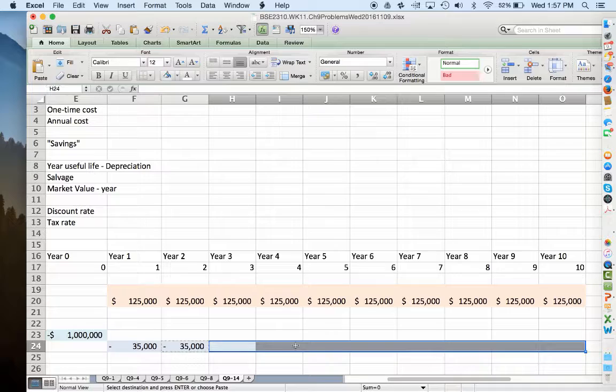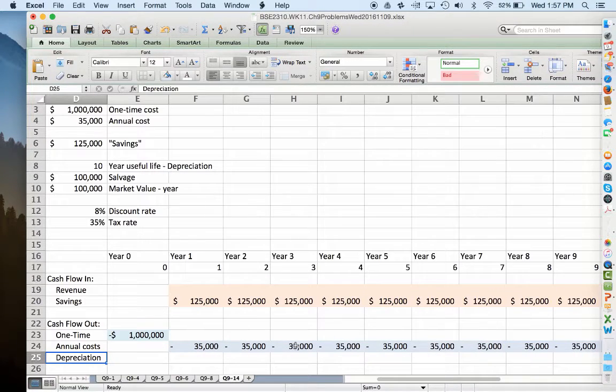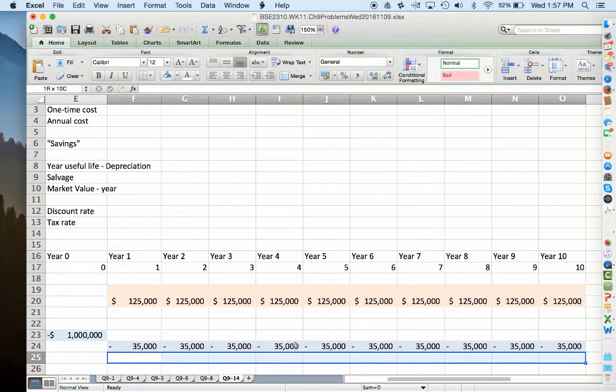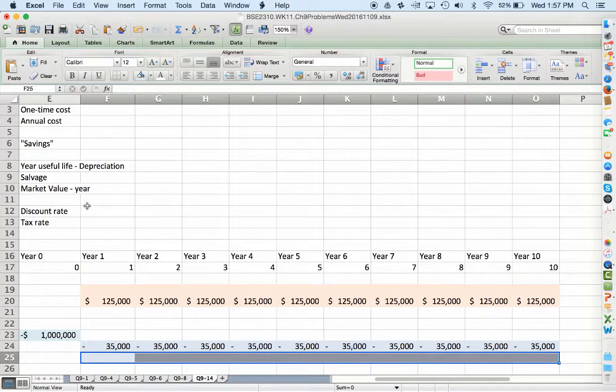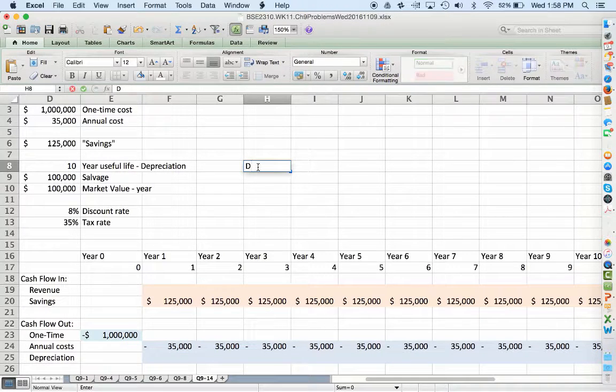Okay, now I know that I also need to include the depreciation. Question is how much? So what a lot of times I like to do up in another area of the spreadsheet is I like to calculate the depreciation, just because it helps me.